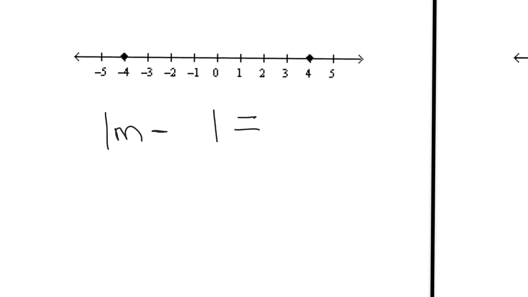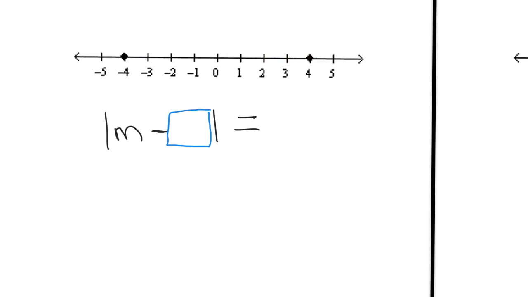Now here you need to find the midpoint in that empty space. You need to find the midpoint from negative 4 to positive 4. So what I mean is, what is the middle number from negative 4 to positive 4? You can count.